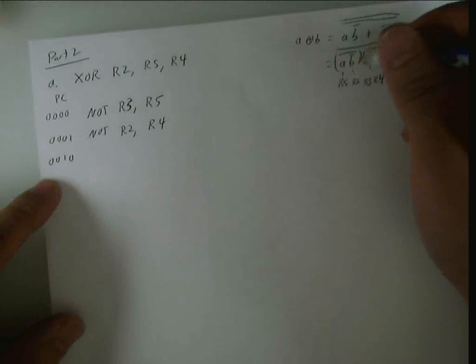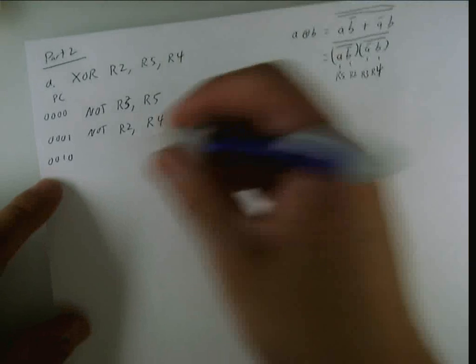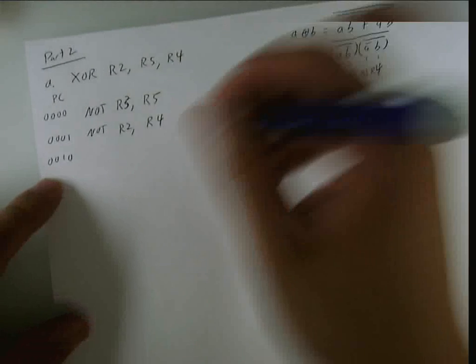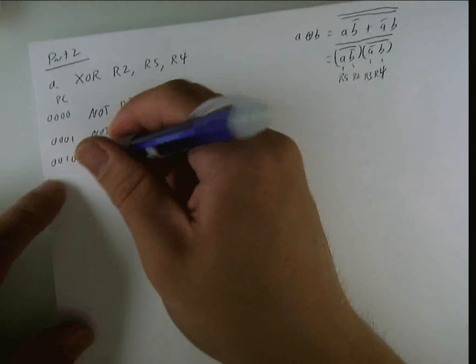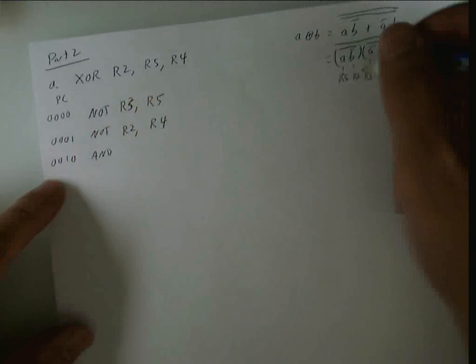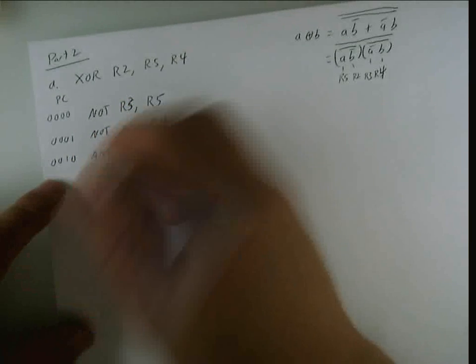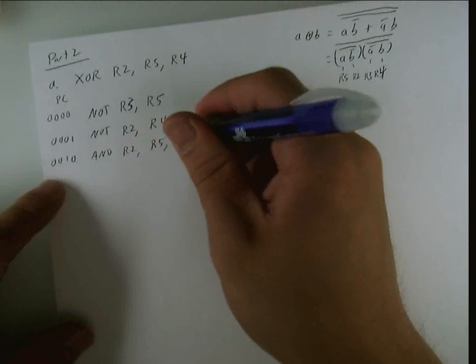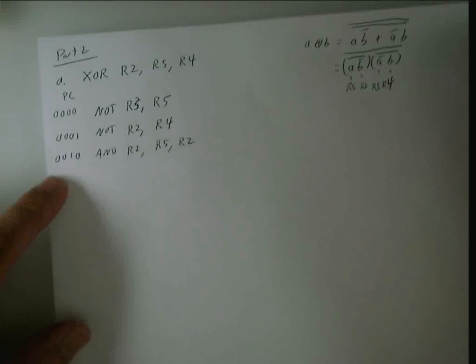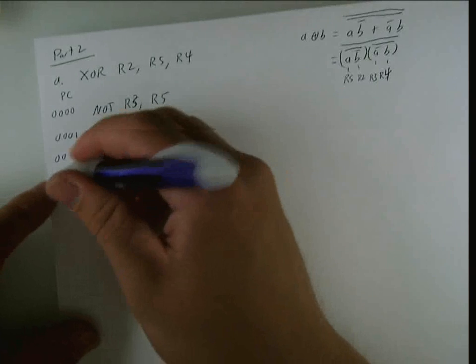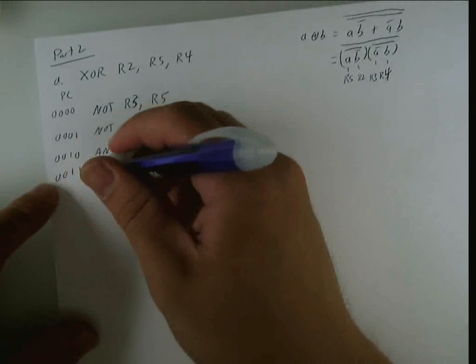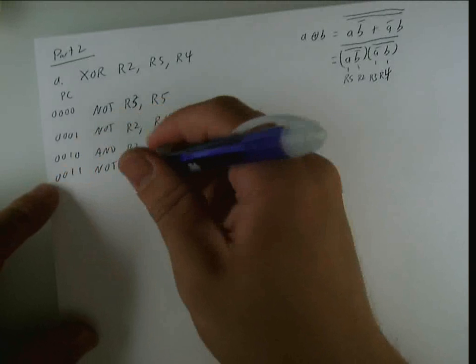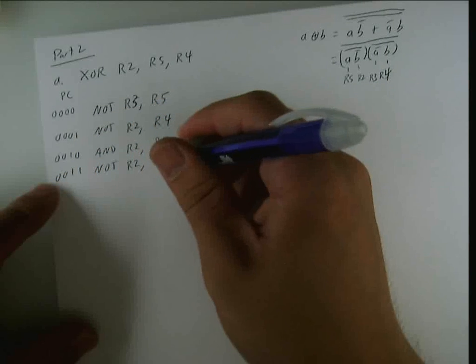I want to AND these A and B complement, so it's going to be R5 and R2 together and store that back into R2. So we're going to AND R5, R2 and store that back into R2. And then we will NOT R2 and store it back into itself.